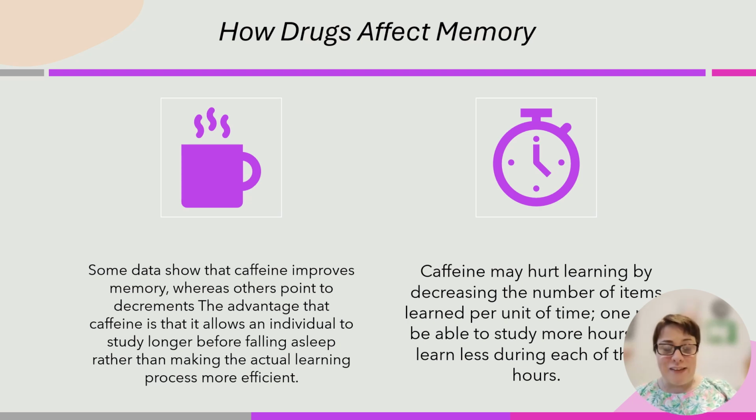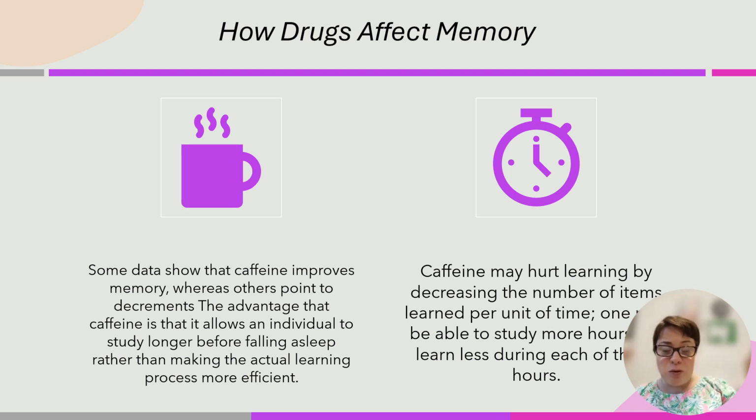Basically, the issue comes down to the fact that caffeine might not promote actual efficiency in learning, but rather it might allow you to stay awake longer, which is actually not helpful in terms of your brain's ability to acquire information. So it's helpful for memory if you need more time to learn something, right?